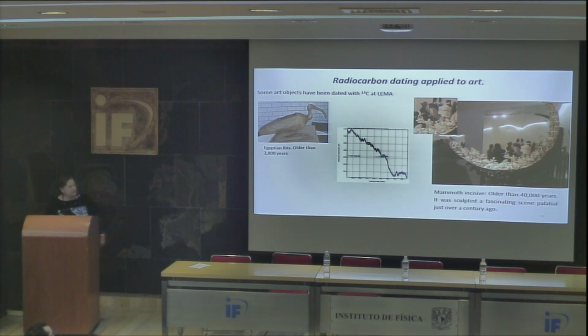One was this beautiful piece of art in ivory. It's a mammoth incisive, and we dated it for more than 40,000 years. But the artwork was done, I guess, a century ago.